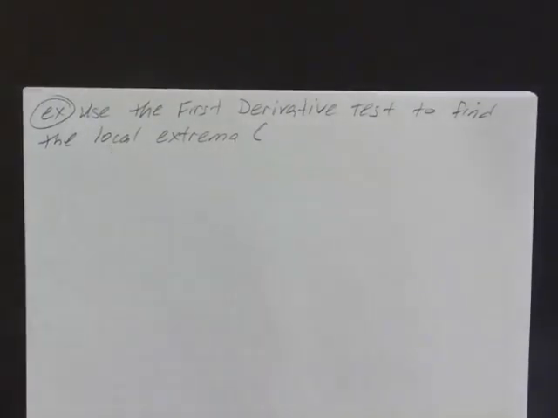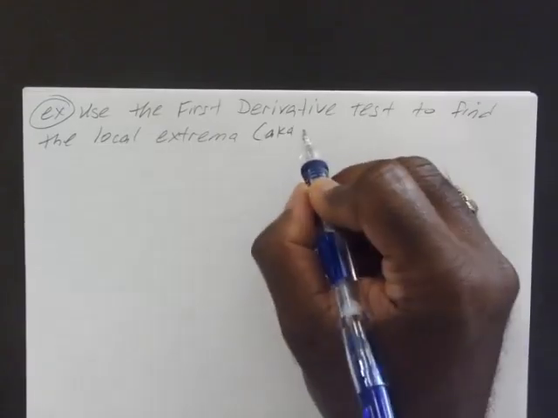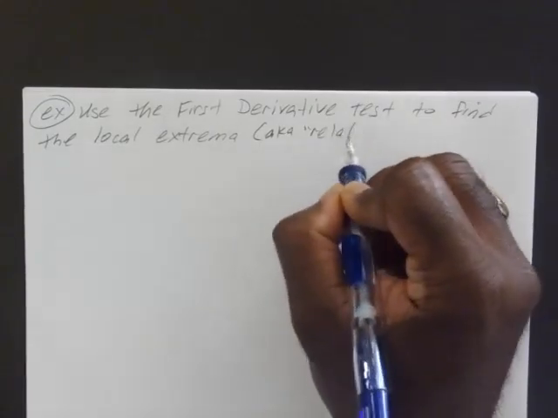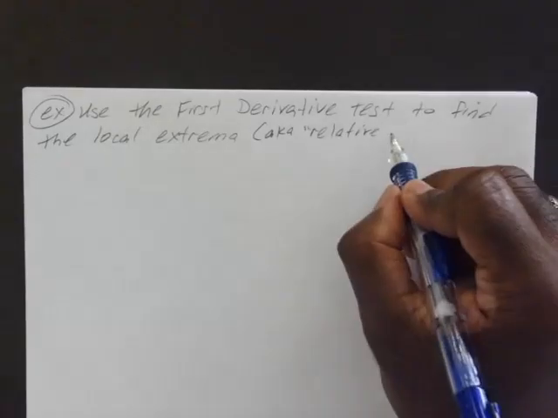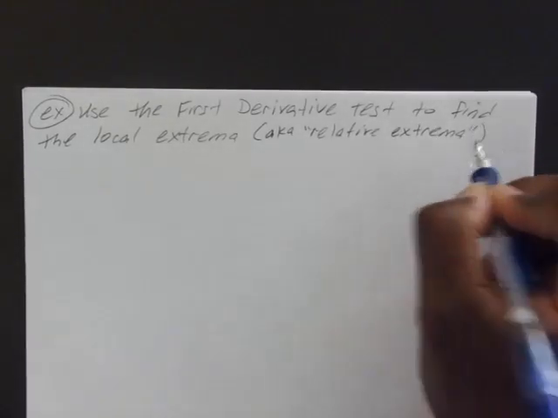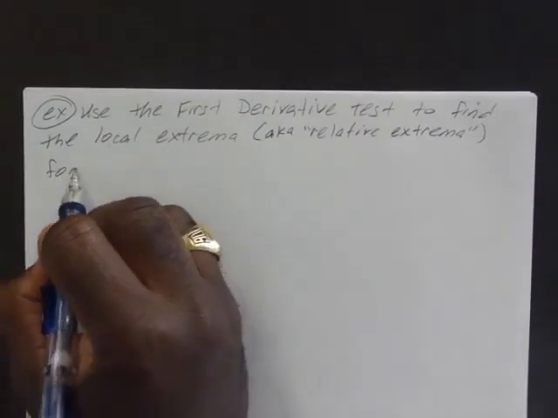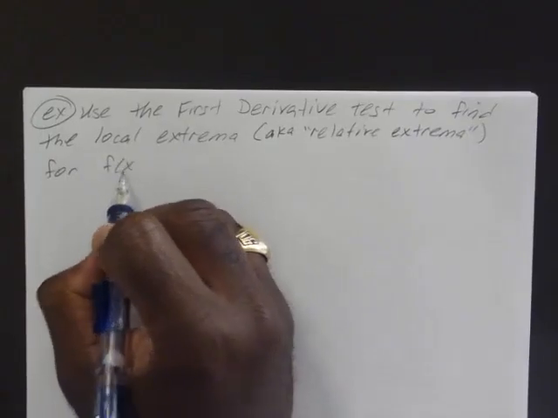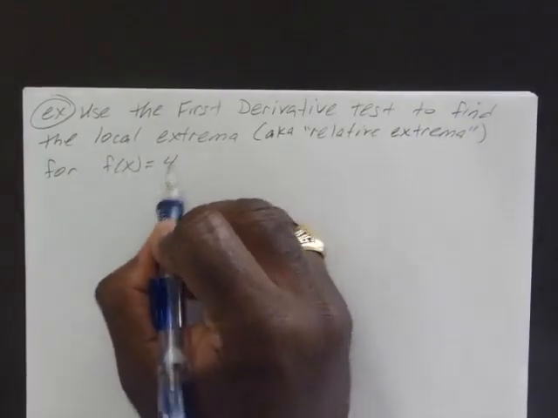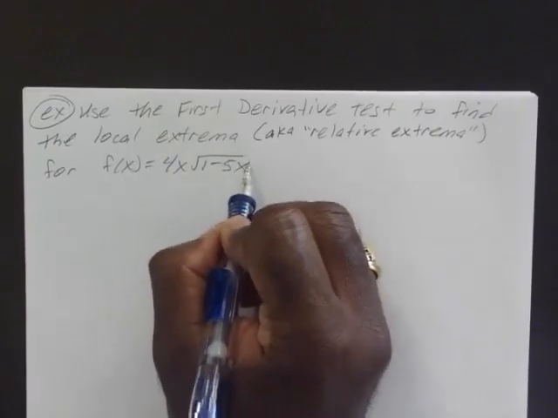So sometimes instead of local extrema, they'll call it the relative extrema. Just be on the lookout for that. For f of x is equal to 4x times the square root of 1 minus 5x.